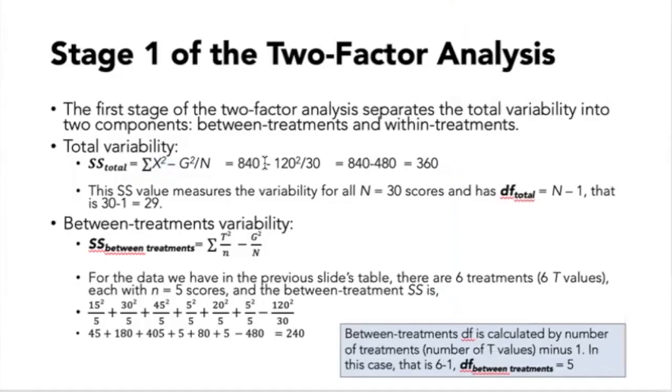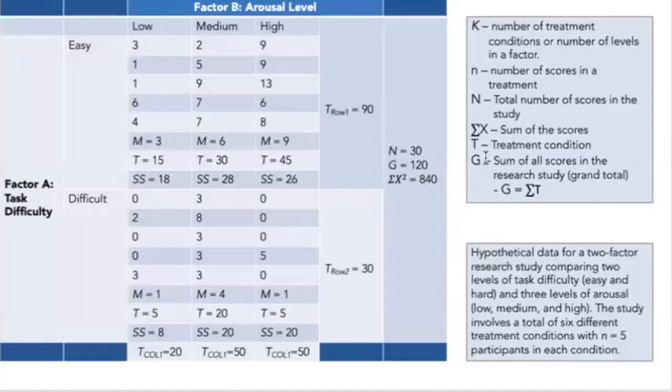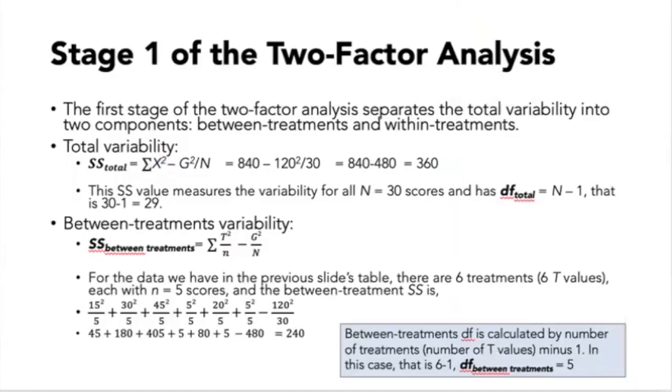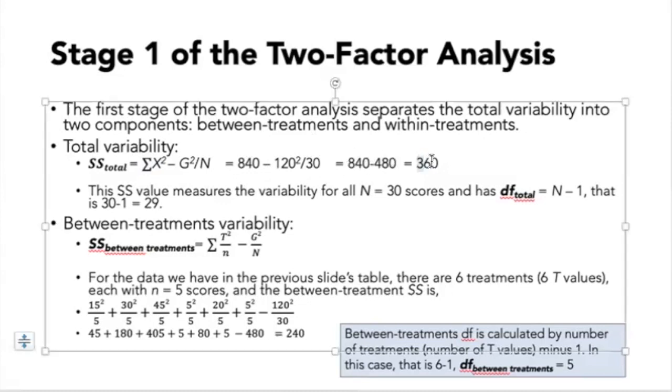That is subtracted by G squared over N. G here is 120, and N is 30. So 840 minus 120 squared over 30. The answer is 840 minus 480, that is 360.